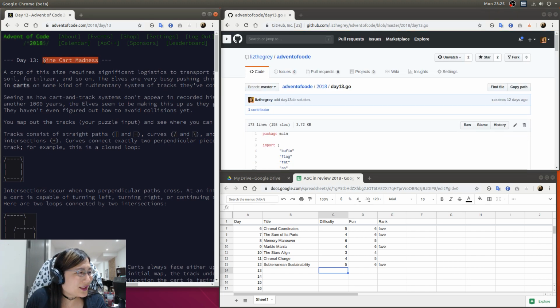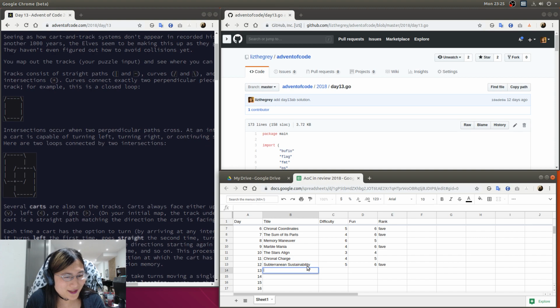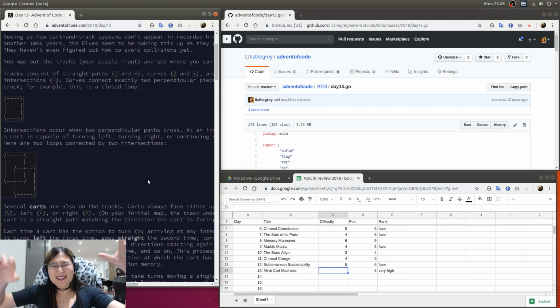Day number 13. Oh my god, this one was so fun. This one probably is very high on my list of favorite puzzles. And the reason was that it involved, who doesn't like simulating a bunch of go-karts smashing into each other and so forth.